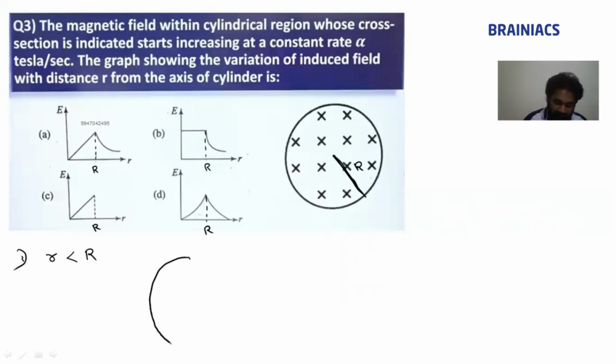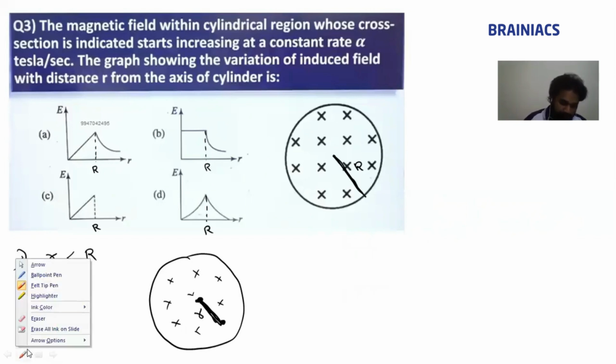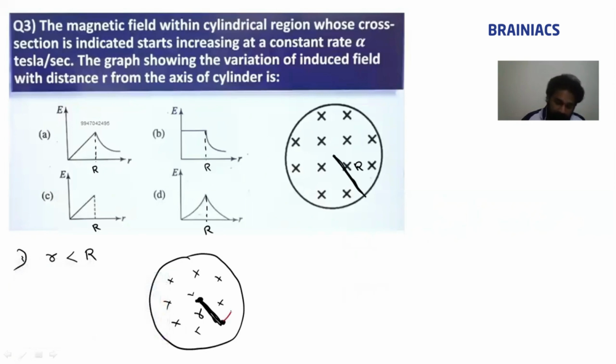If we take the cylindrical region, magnetic field is there. Now from the center, a point we consider is inside the region. So here we will put r. Clear? Now how to find electric field? Let us take the formula. This closed line we will take.